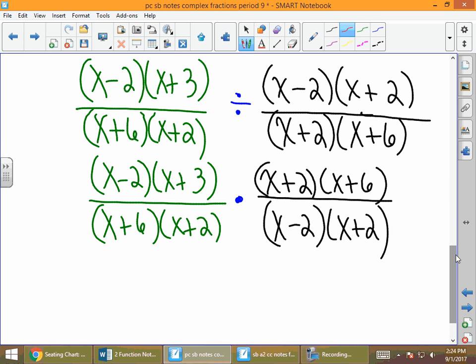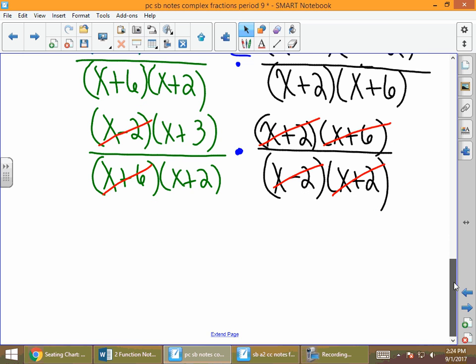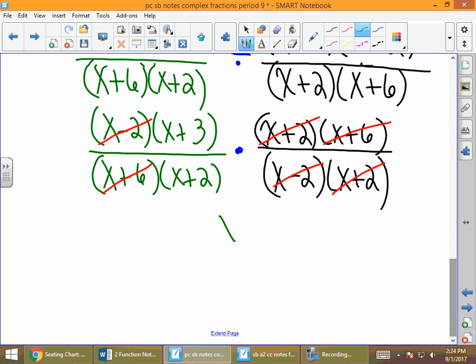We've got an x plus 2. We have an x minus 2. We've got an x plus 6. And then we're left with our simplified version of x plus 3 and x plus 2.